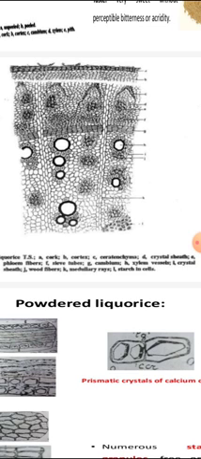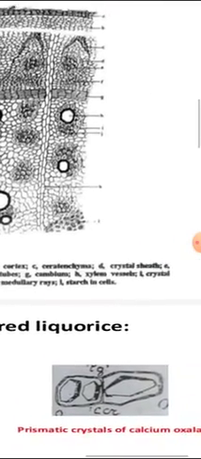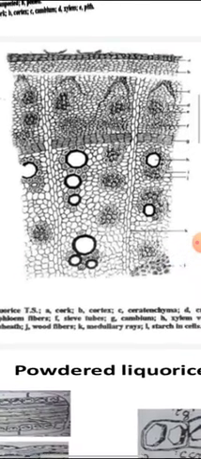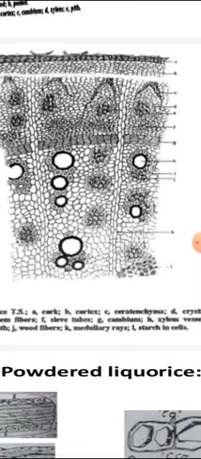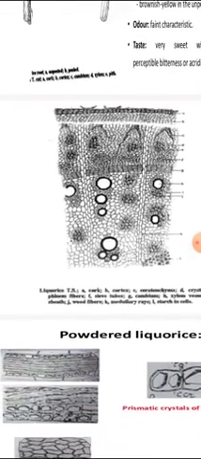Then next part below it, phloem fibers, outermost sieve tubes, then cambial ring, and inside to cambium xylem is there, right? Then next there are the xylem vessels, then crystal sheath, wood fibers, and medullary rays. So you remember this diagram.